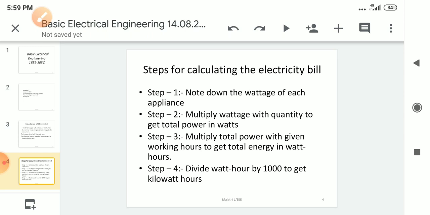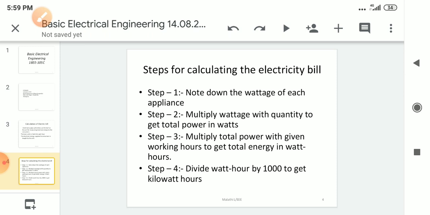Let's see, an LED bulb is of 9 watts, some LED bulbs are of 12 watts, normal infrared lamps are of 40 watts, 60 watts, and the iron box is of 1000 or 1500 watts, and a heater is 1500 or 2000 watts, and the mixie is of 1500 watts or 1000 watts. Like that, so many appliances are of different wattages. So first take note of all the wattages of each and every individual appliance.